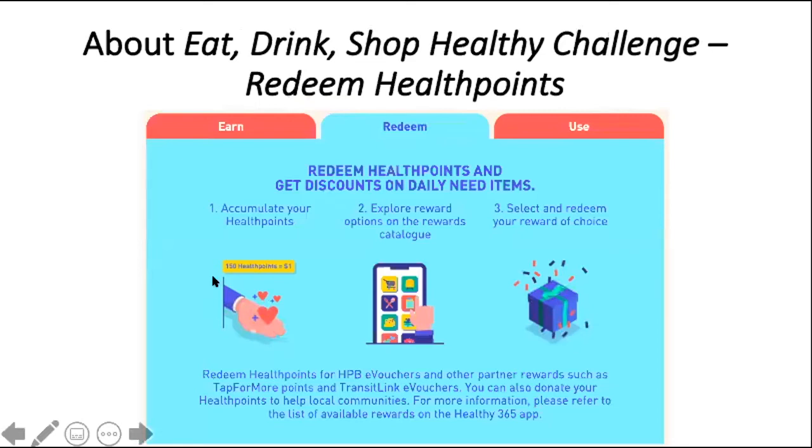The more health points that you accumulate through the app, the more reward options you have to choose from. Having a choice is always the best. So go through the various options that you have and select the ones that you think are the best way of using it. You can even use it for transacting e-vouchers as well.